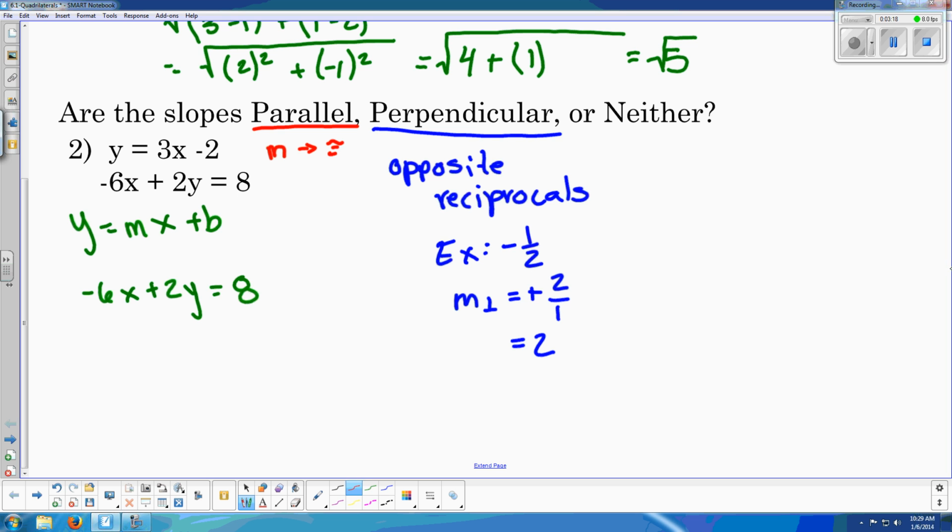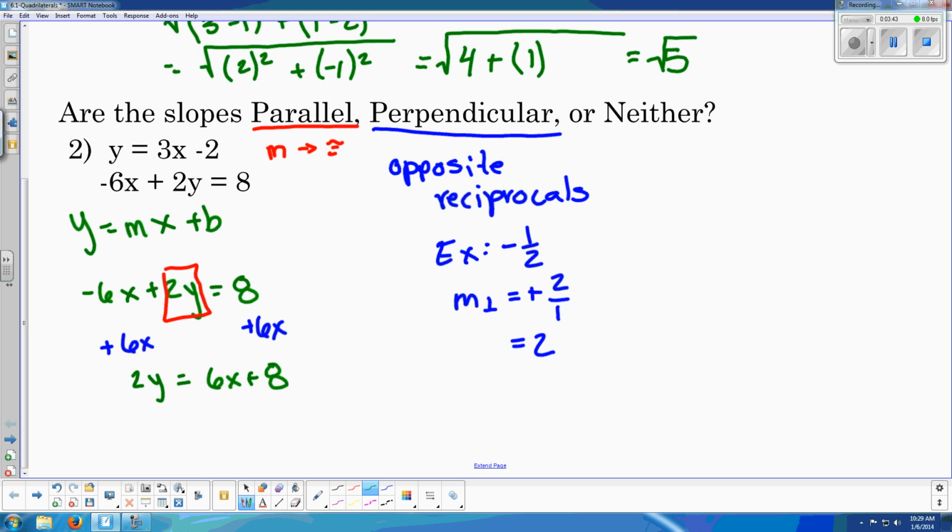Now, remember that little trick that I taught you is if we box this piece, we can't play with it until the very end. And we need that box by itself. Since we're subtracting, we're going to add 6x to both sides. So now I am left with 2y is equal to 6x plus 8.